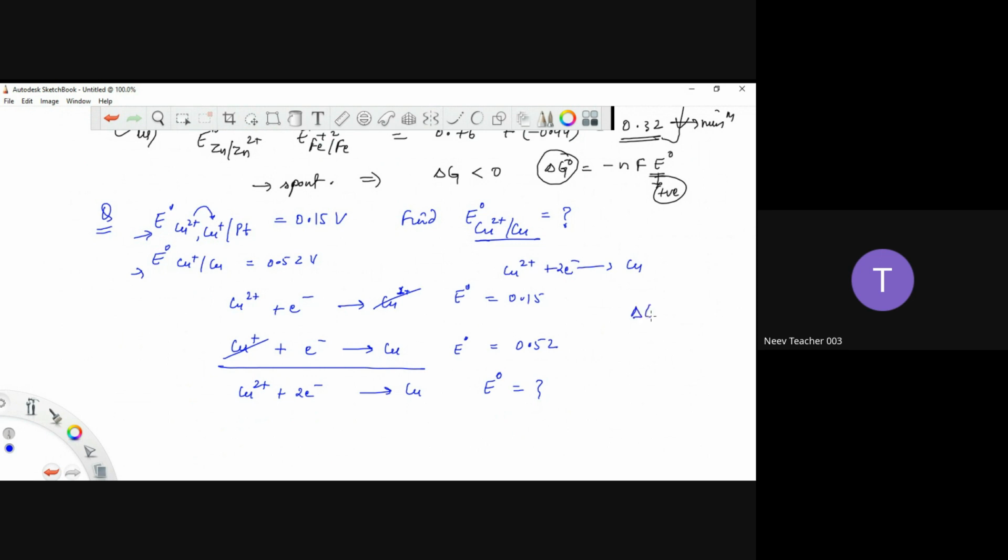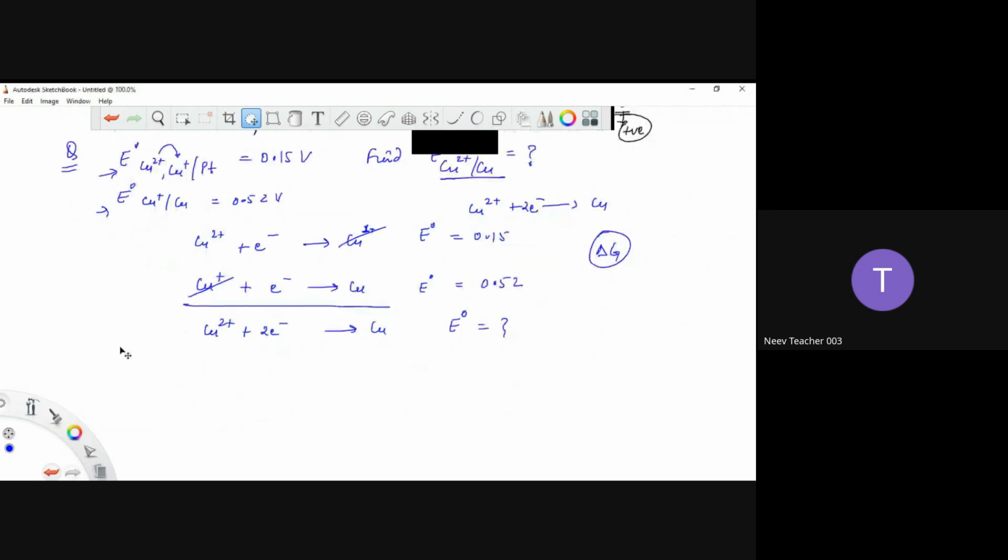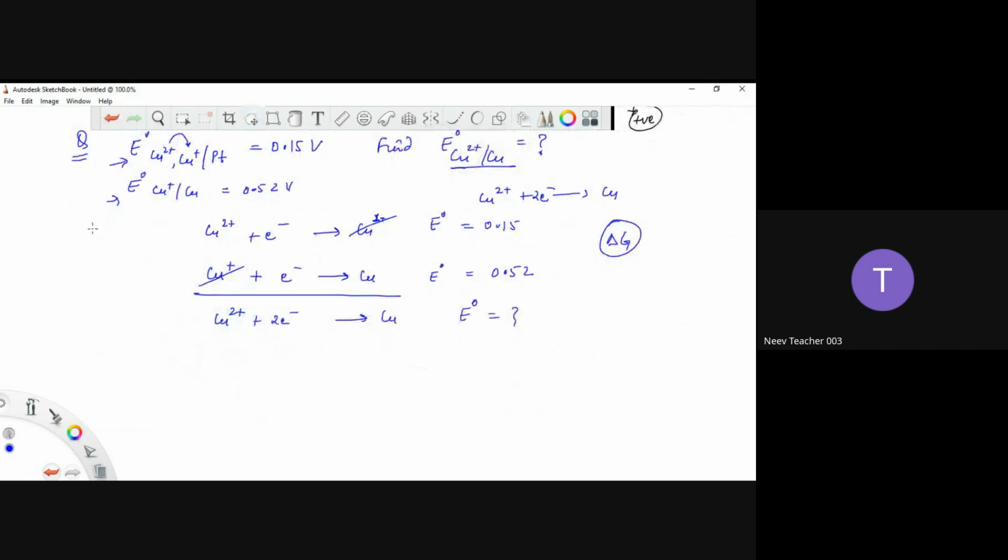We're going to use del G. Del G is extensive, so we can take the help of del G. We're going to find del G1 for this, which is nothing but minus n1FE1, and similarly del G2 for this, minus n2FE2, and then the del G for this reaction, which will be minus n3FE3. It should be negative.